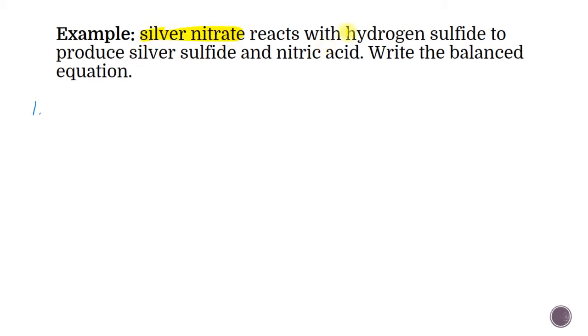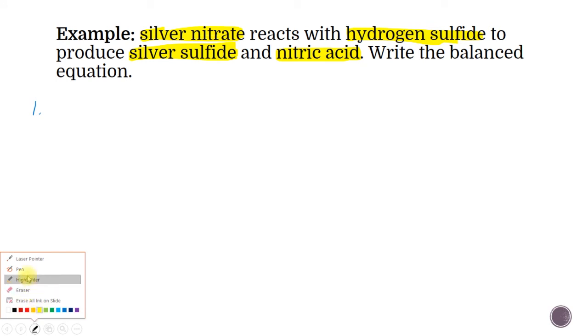And it reacts with hydrogen sulfide, so there's another chemical name. At this stage, I'm not worrying about what that means. I'm just looking for important bits. Silver sulfide is the next important part. And then nitric acid. So there's our chemicals. Those are the names of all the chemicals involved.